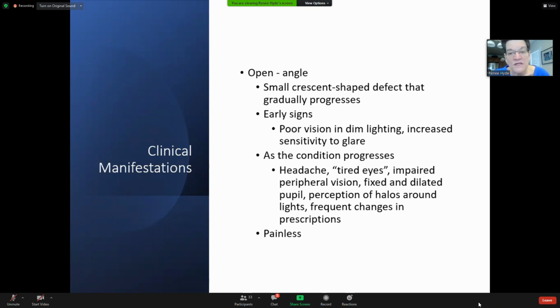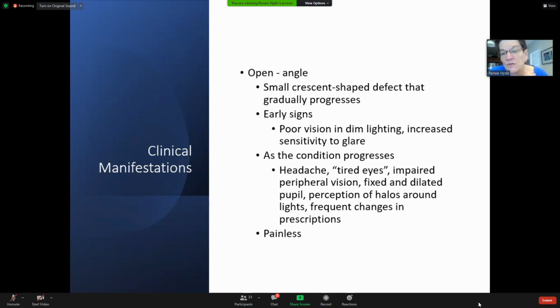Reading or watching TV or doing computer work makes their eyes very tired. These patients will have impaired peripheral vision, and if they do a peripheral vision test, it will show that decrease.